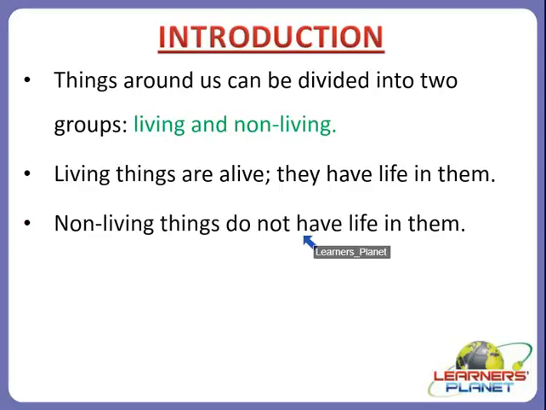So non-living things can be divided into two groups. The first one is those which were never a part of a living thing, such as stone and gold. And the second group of non-living things are those which were once part of living things. Coal is a good example. It was formed when trees died and sank into the soft ground.